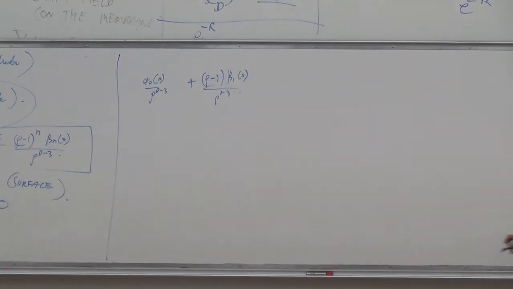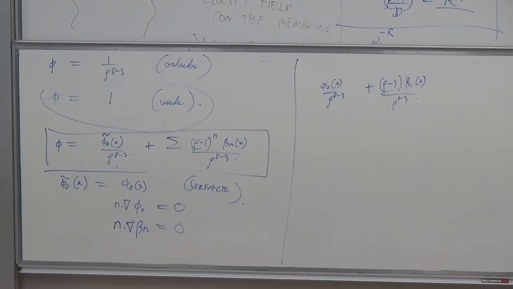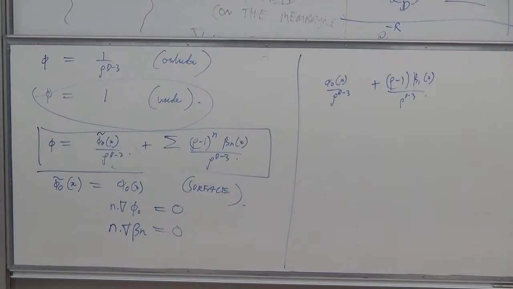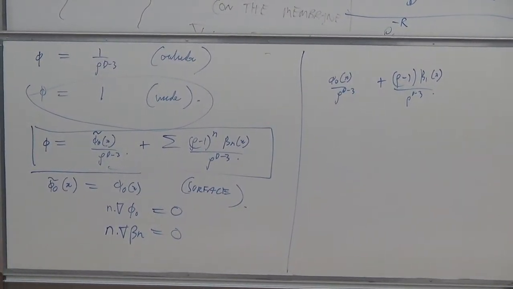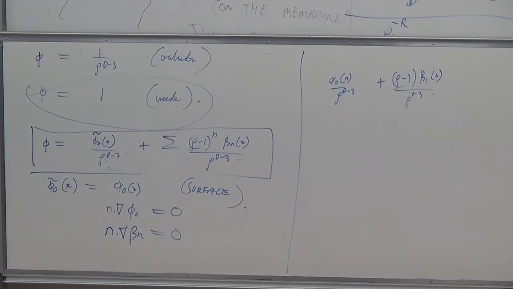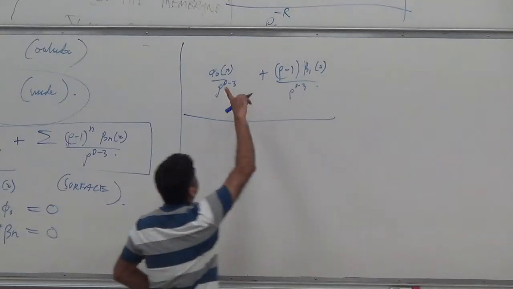I will assume that all my beta n's obey this kind of constraint: n dot del of beta n is equal to 0. So though beta n's are functions on spacetime, the data of these functions is entirely in functions on the membrane. So all I need to do is to find beta n on the membrane, and then in principle I know the function. Okay, so let me now try to find it.